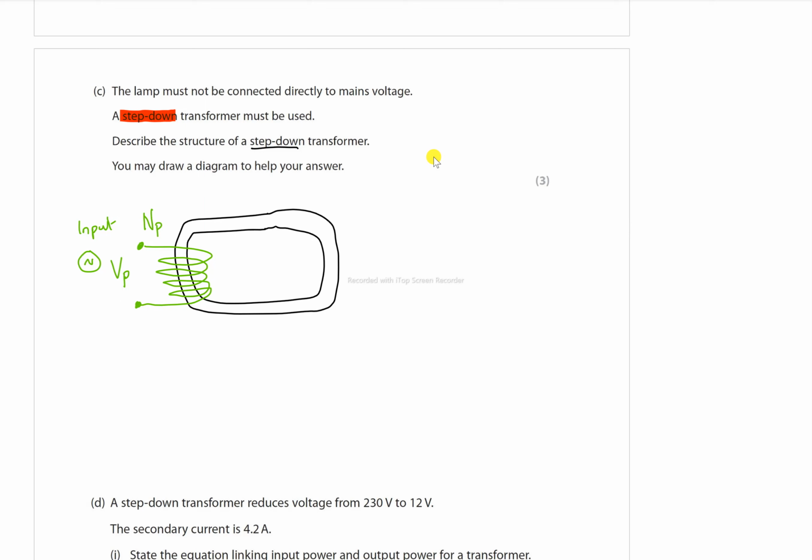Yeah, you may draw a diagram. Okay, that's fair enough. Now, because it's stepped down, I'm expecting, so here I've got 4. On this side, I'm going to draw 2. Because it's stepped down, so I'm going to just go 1, 2. So this is output.